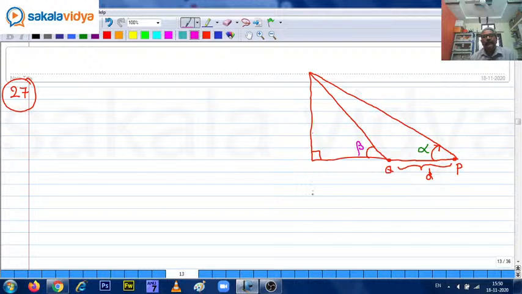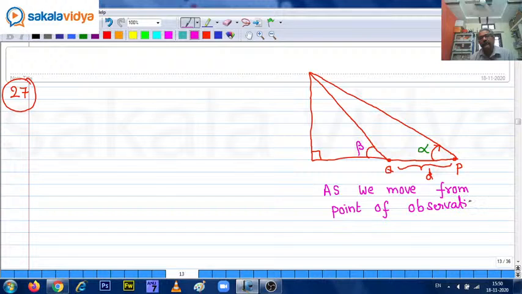So as we move from the point of observation towards the object, the angle of elevation increases, not decreases.